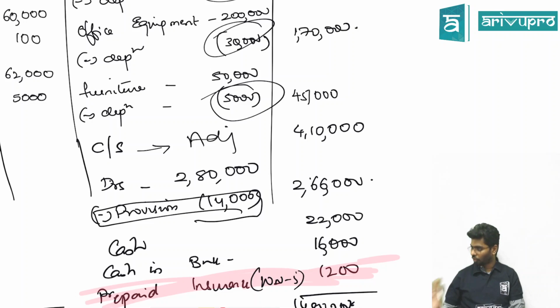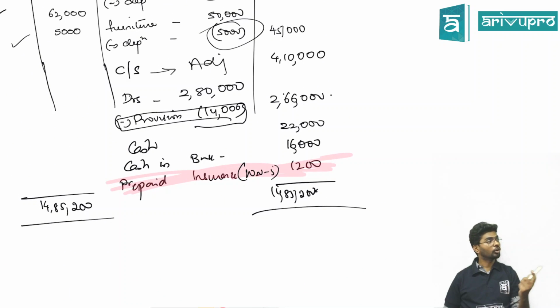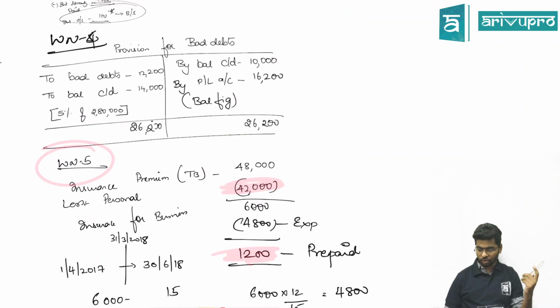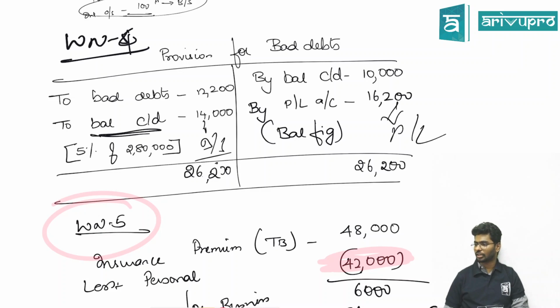If you want, you can write provision on the liability side also. So I told you from the debtors you'll only reduce the provision closing balance. If I go to my provision ledger account, this is the one which comes in my balance sheet. This comes in my P&L account. Are you all clear till here?